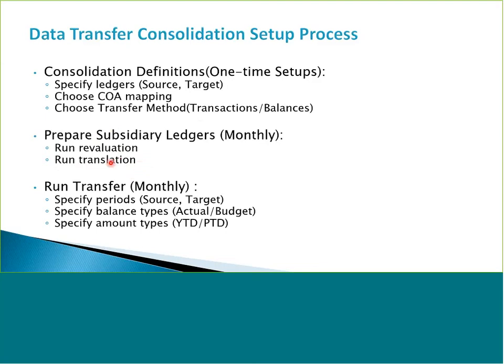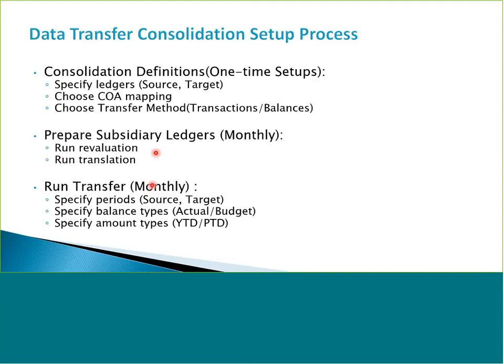So the other thing that we do on a periodic level, and more specifically at runtime, or when we are doing the actual consolidation, is that we have to specify periods, the source and target. Again, this goes back to the different 3 C's.